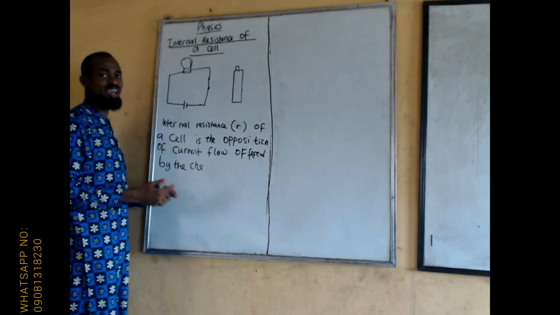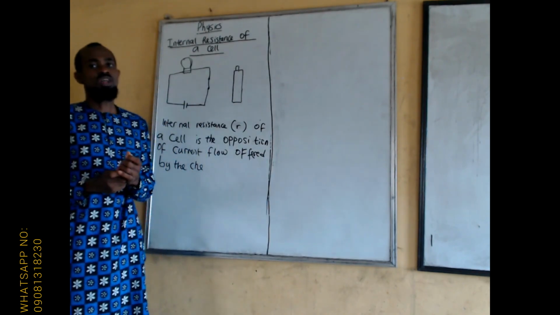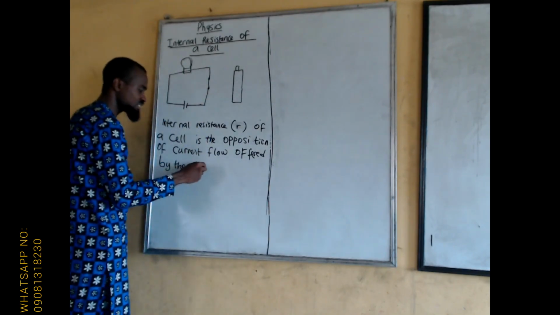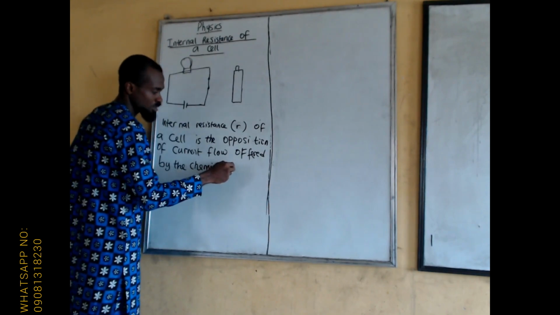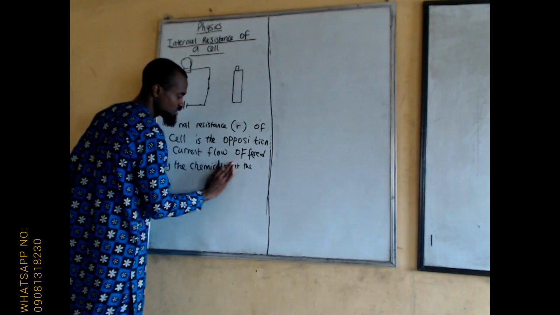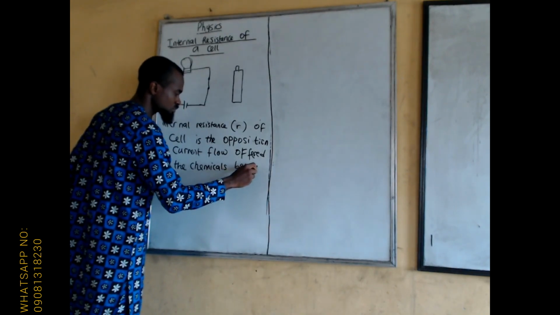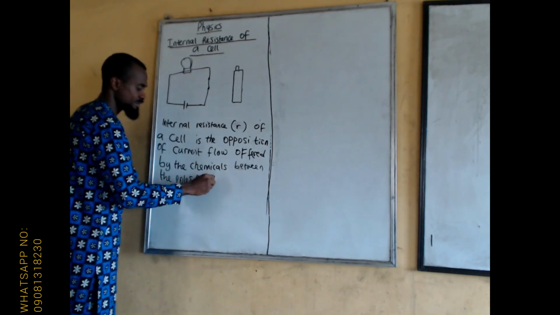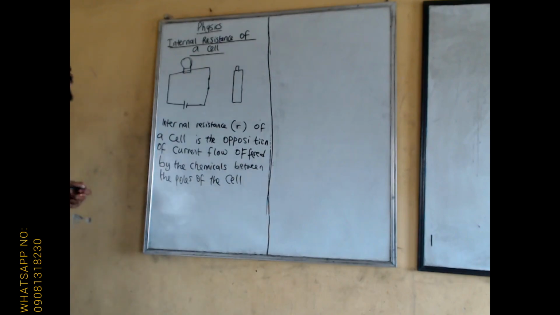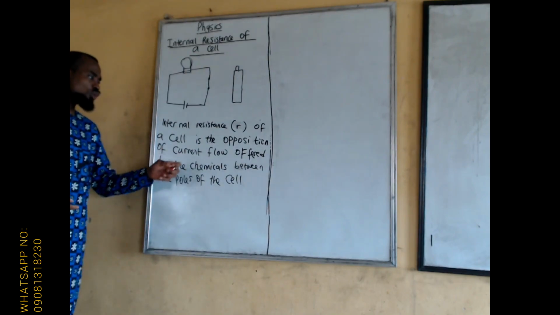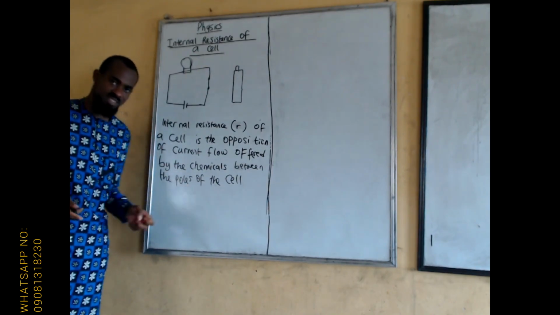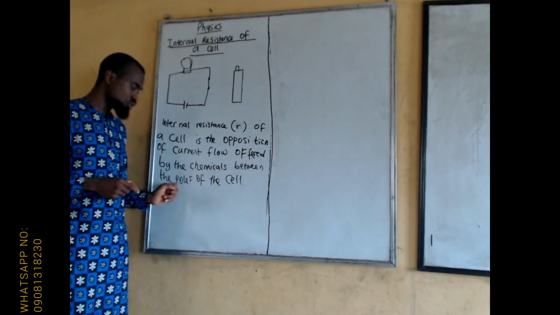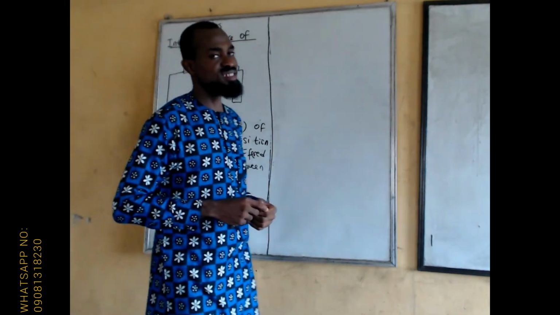When we talk about a cell, as a result of conversion of chemical energy, you have electrical energy from the cell. So internal resistance of the cell is the opposition of current flow offered by the chemicals between the poles of the cell.